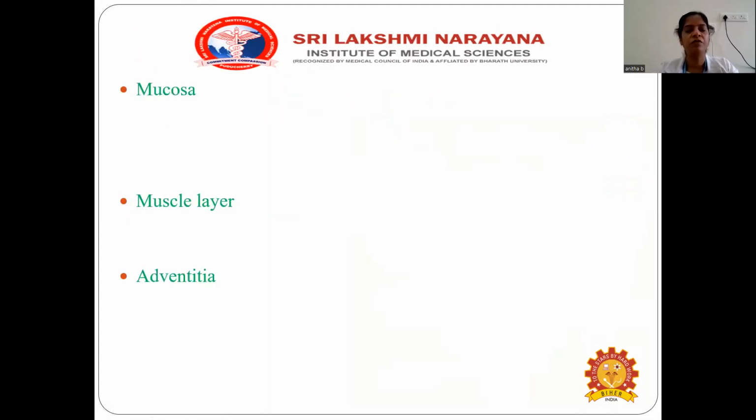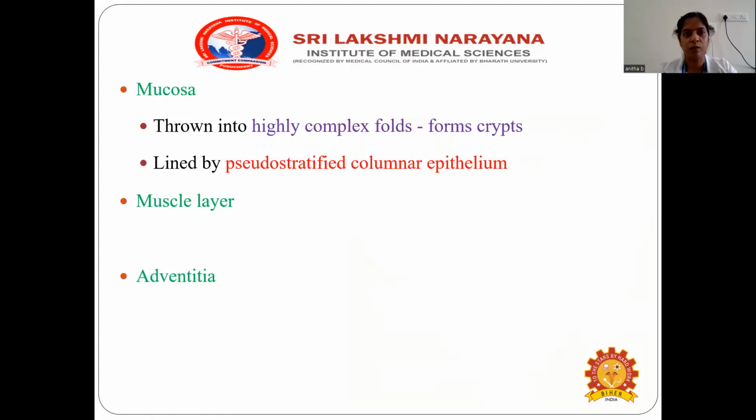So this is also made up of 3 layers: mucosa, muscle layer, and adventitia. When you see the mucosa, it is very irregular. This mucosa is thrown into highly complex folds. Those folds are named crypts.